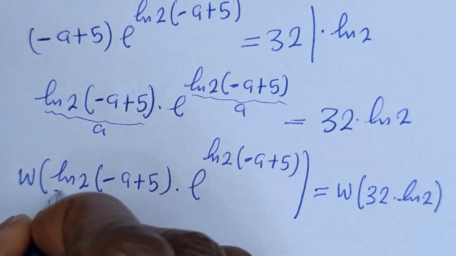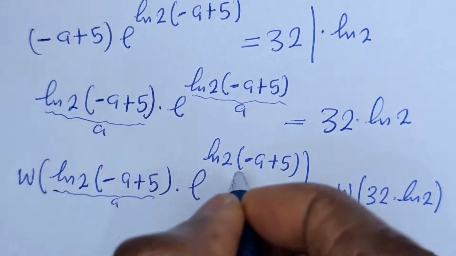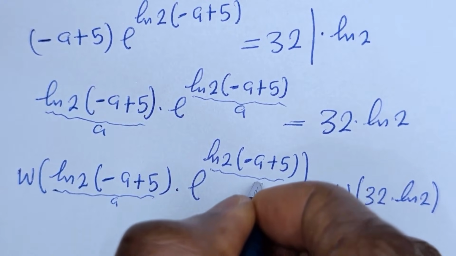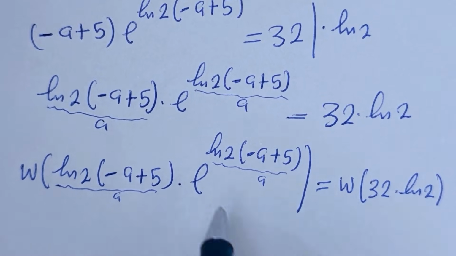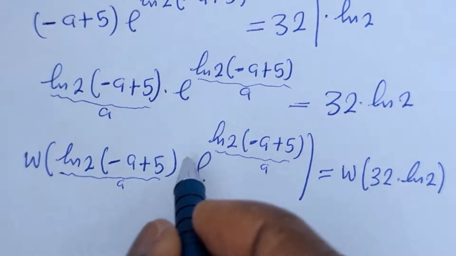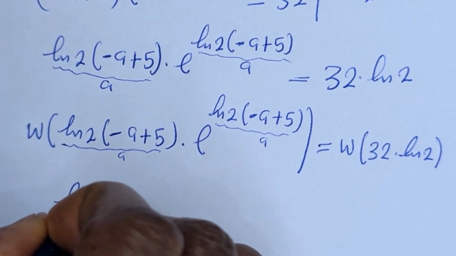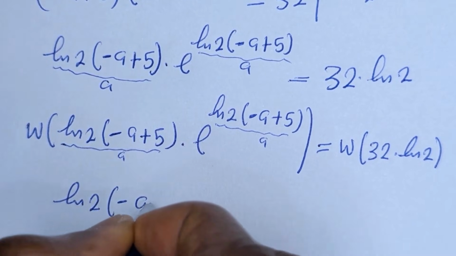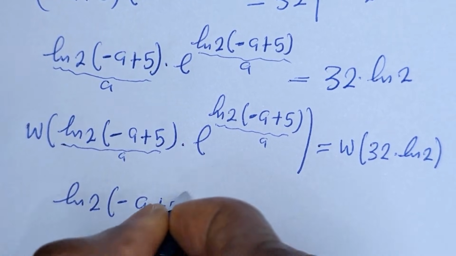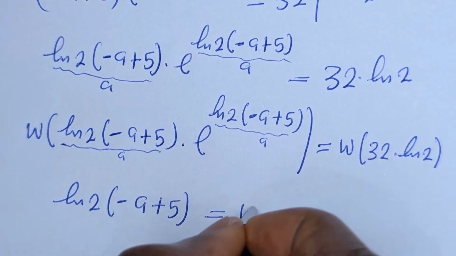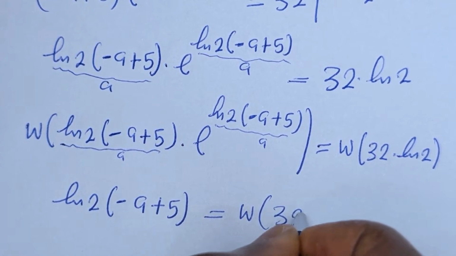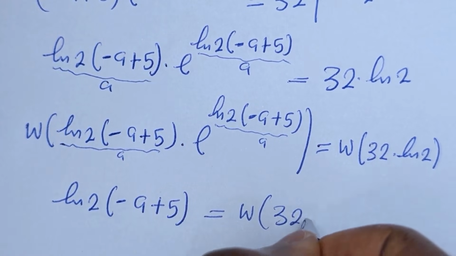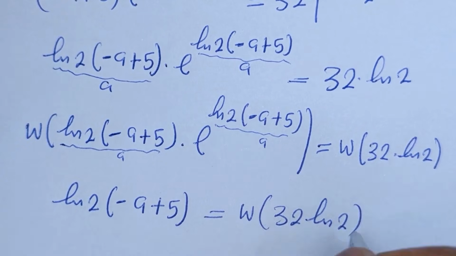Then you know that if this is a, this is also a. Then from here, the whole of this is ln of 2 bracket minus a plus 5 is equal to W of 32 ln of 2.